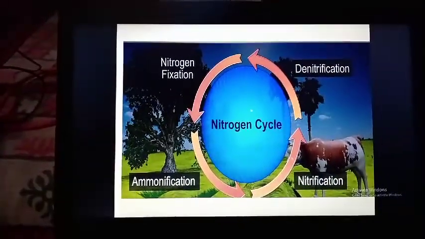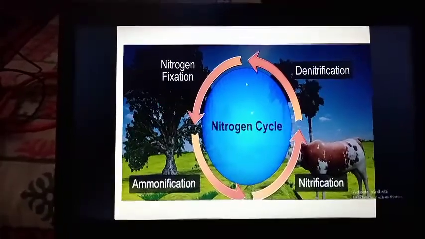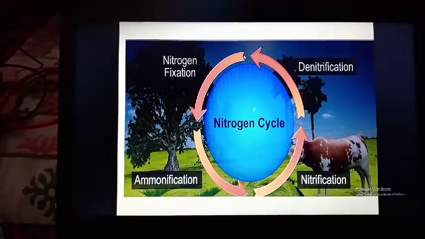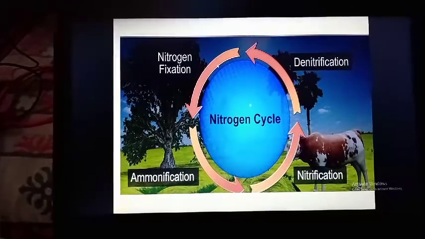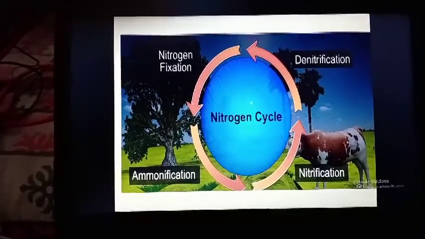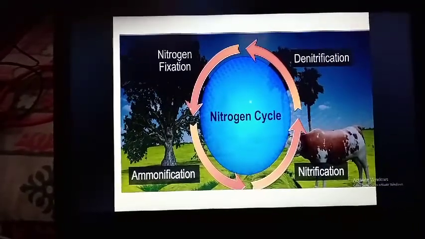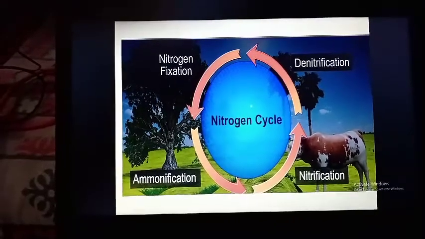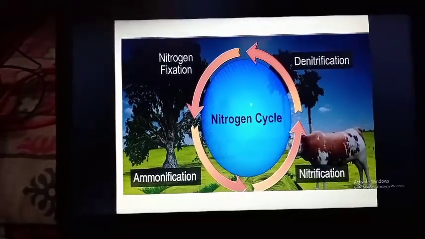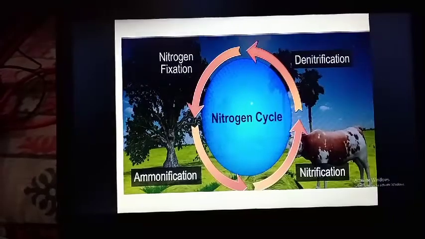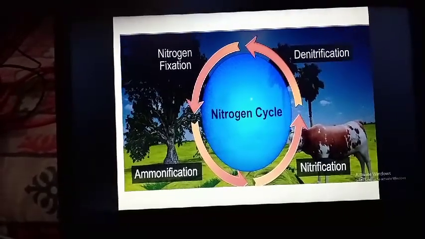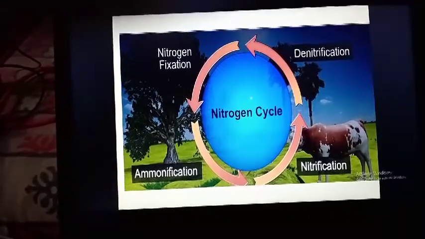So here is the nitrogen cycle. You can see very clearly the nitrogen in the atmosphere, through nitrogen fixing, becomes part of the nitrogenous compound in the soil, and through ammonification, the nitrogenous compound becomes ammonia.